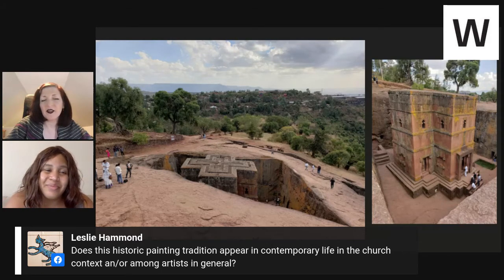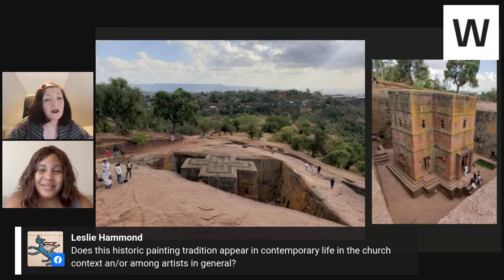Absolutely. And there's a lot of ways to answer this question. There are many artists in Ethiopia who are still practicing traditional church painting techniques. And Karen and I had the wonderful opportunity to meet a few men like this, who have just recently painted wall paintings in the main church in Aksum, for example.